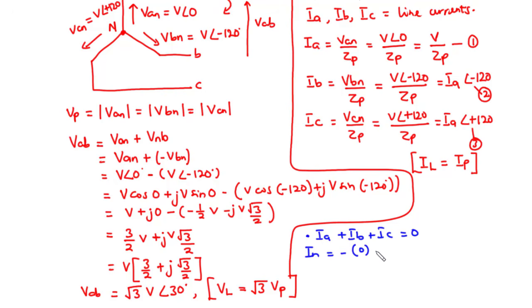So negative of 0 is equal to 0, and thus the voltage across the neutral is equal to Zn times the current in the neutral, and because the current in the neutral is 0, we have the voltage across the neutral also to be 0. Thus, removing the neutral wire does not have any significant effect on the 3-phase system.